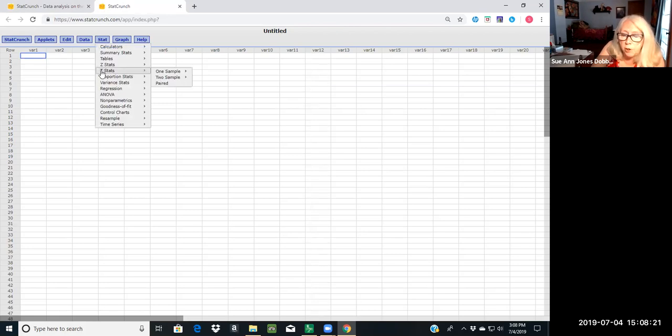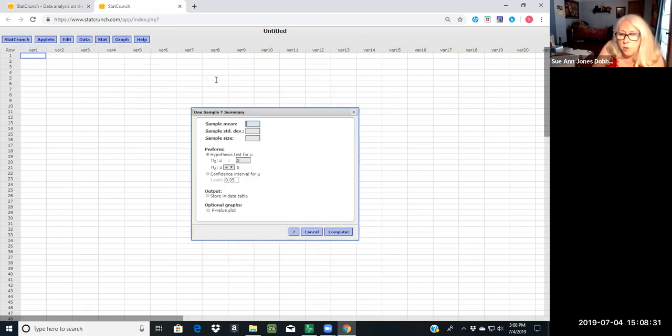Okay, again, if you're doing a means test, we're doing only t-tests with 1 sample, and here it was with a summary. So now I need to fill in the sample's mean. I need to fill in the sample standard deviation. I need to fill in the sample size. I need to change this to read 30. So this says mean equals 30.